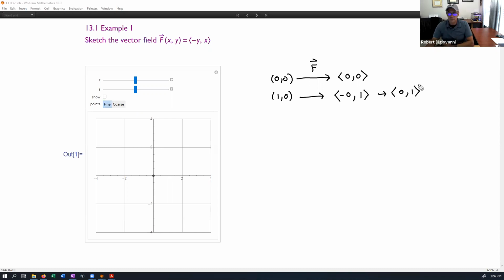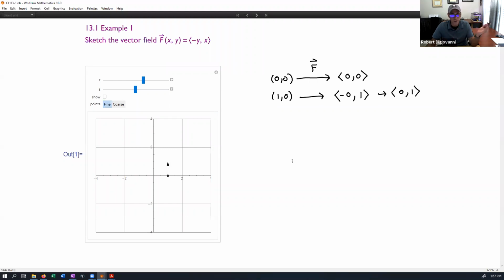But isn't that just a vector that points straight up? So let me move out there and let me show you that vector. There it is. I'm at the point 1, 0, and the vector that's coming out is the vector 0, 1.